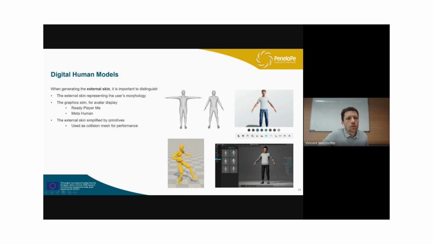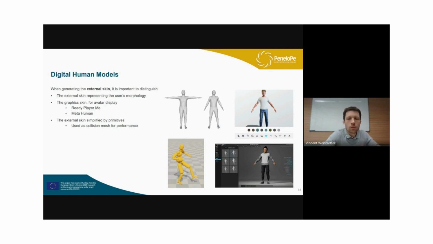And a third type of skin you have to distinguish is not really a skin, but it's a set of primitives, such as capsules or spheres. This set of primitives is used as a collision mesh, and it's used for performance reasons.